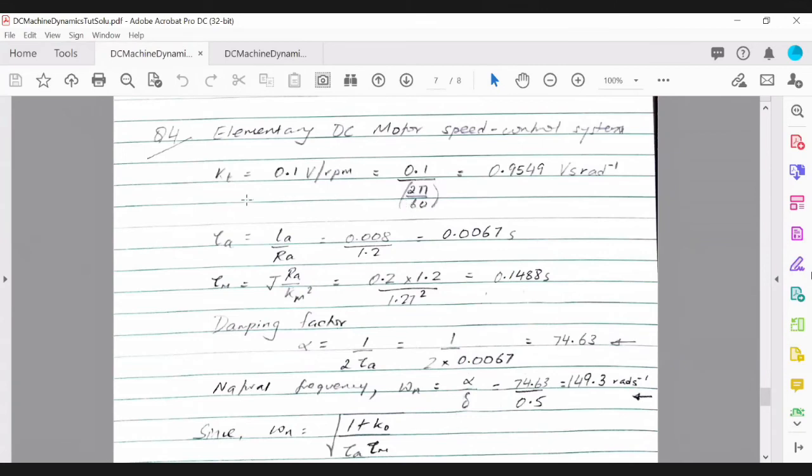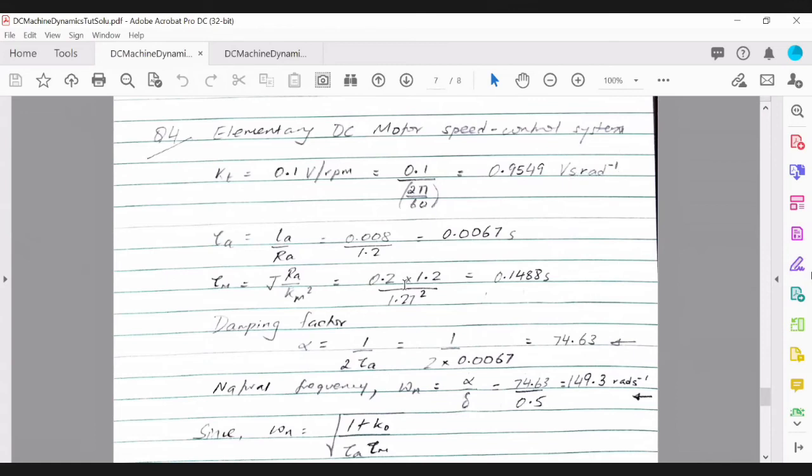So Kt is 0.1 volt over RPM. Now when you convert that to radian per second, it will be divided by 2 pi over 60, and when you sort out the units, it becomes volt second per radian.